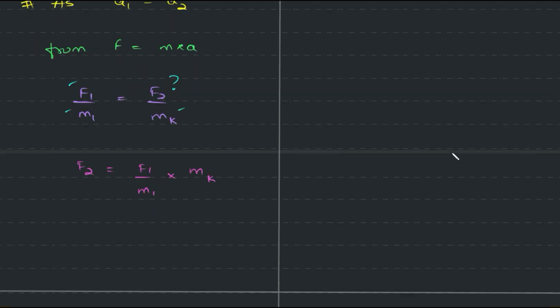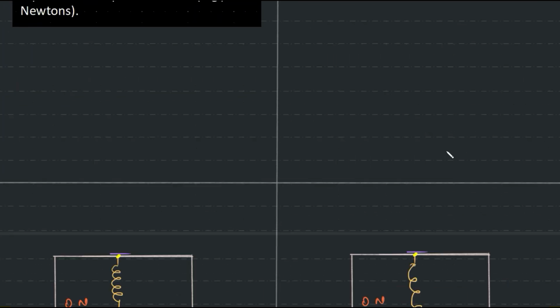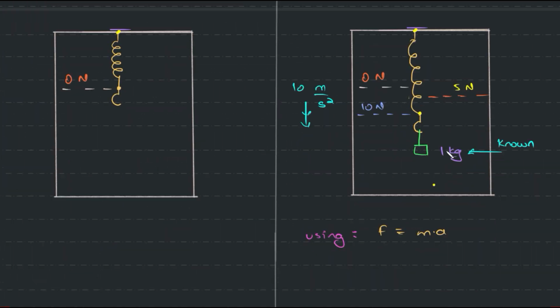And next, the calibrated spring heading. And this diagram helps. So paper, say this is a clip and spring.